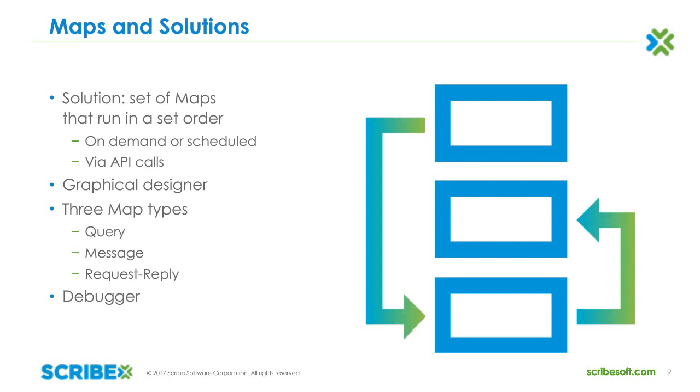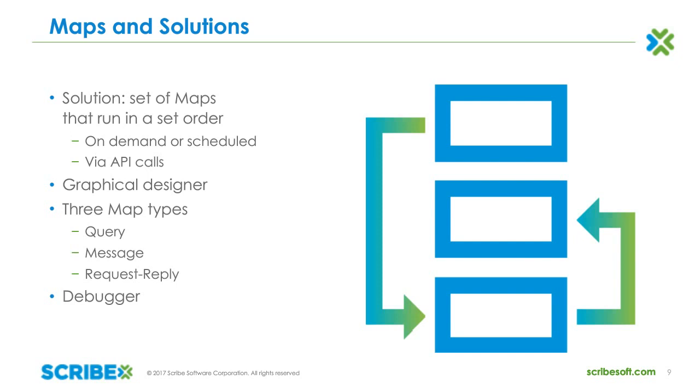We have a graphical designer for creating maps, and there are three different types of maps. There's a query map that goes out to a source system and brings back a set of records that it's going to act on, usually with a filter. We have message maps. Each message map has a unique URL associated with it, and you can put that URL into a source system so that when there's something interesting available, it can then deliver that message to that URL.